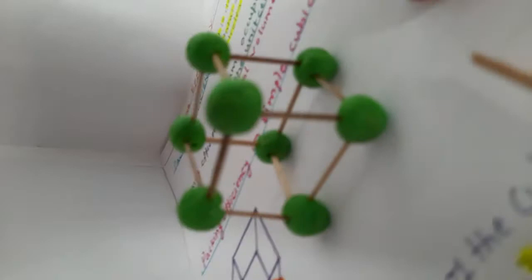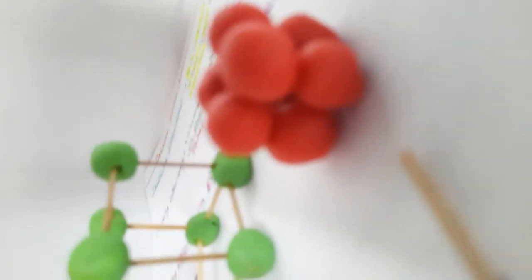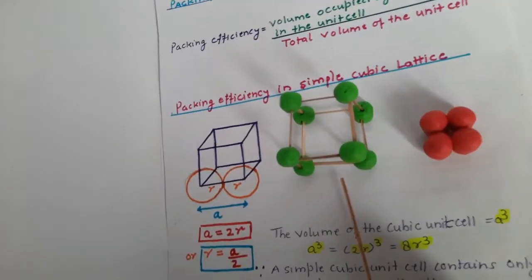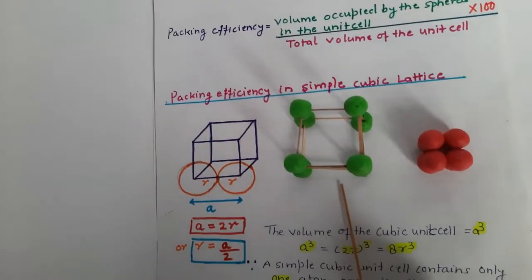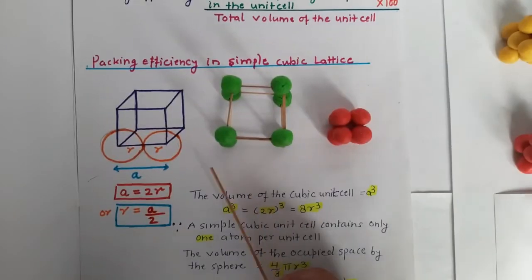Here the edge length A is equal to twice R. We can see from the model also, this edge length A is equal to twice R, and here it is a primitive unit cell of simple cubic unit cell.